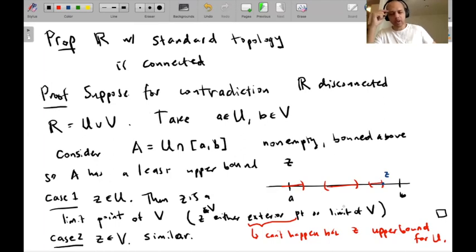And similarly, in the case Z is in V, you show that Z is a limit point of U.